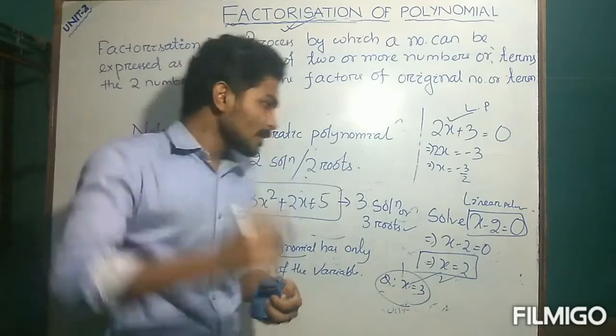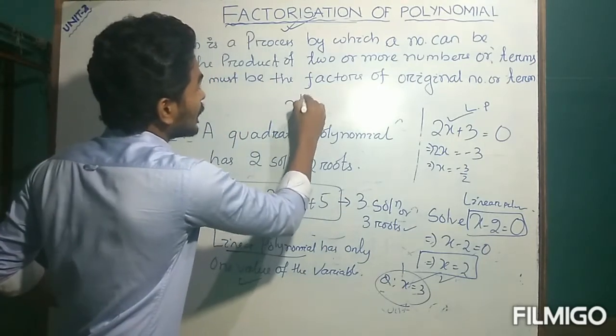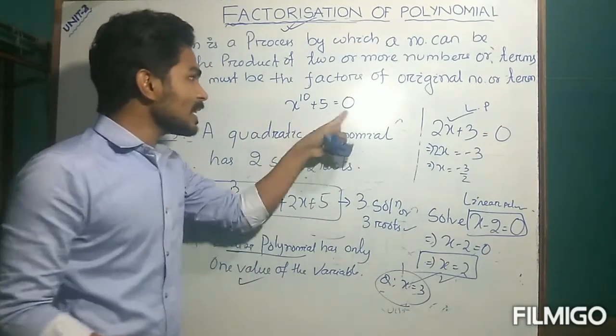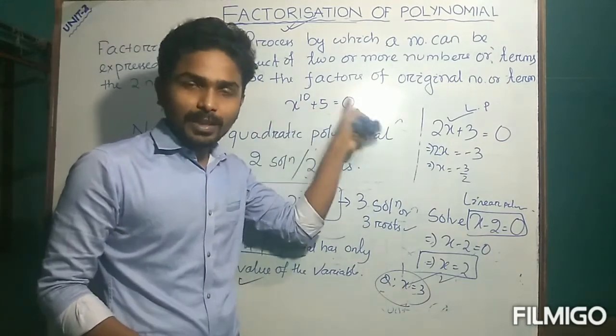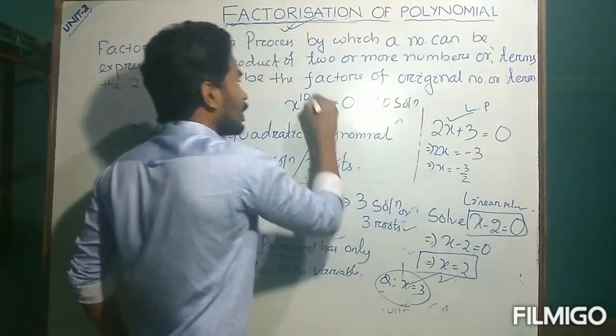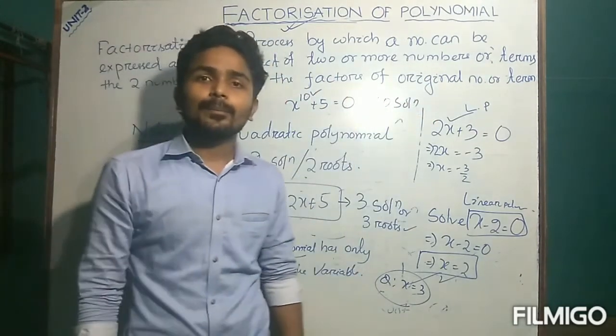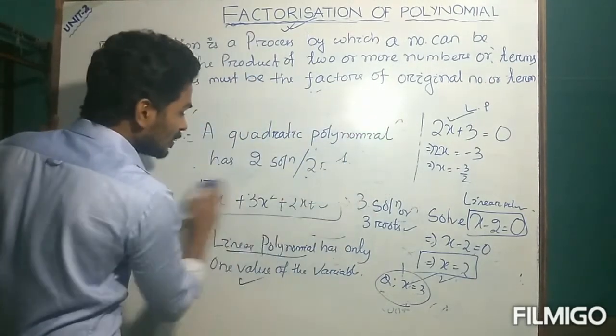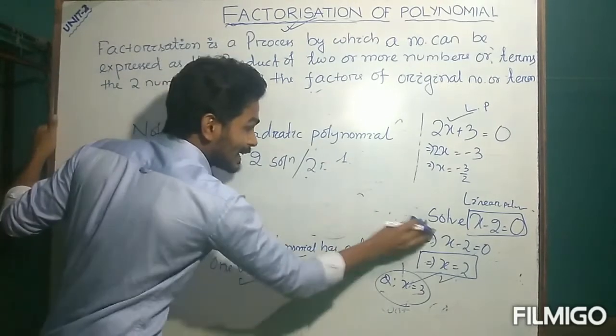If the degree is 10, suppose I am writing x to the power 10 plus 5 is equal to 0, can you say how many solutions the equation has? The equation has 10 solutions because the degree is 10. Okay, so the number of solutions depends on the degree.